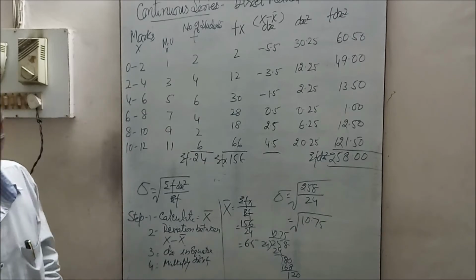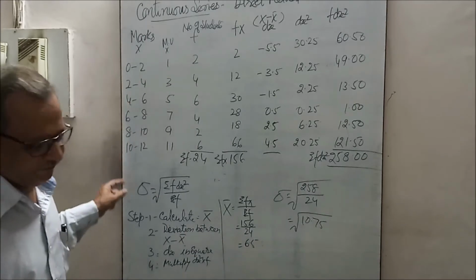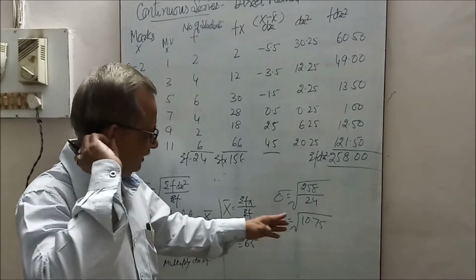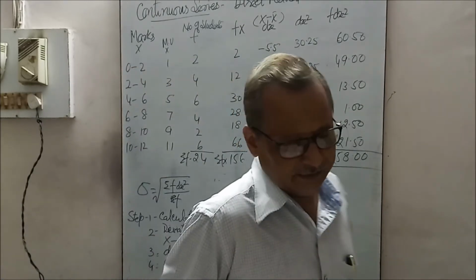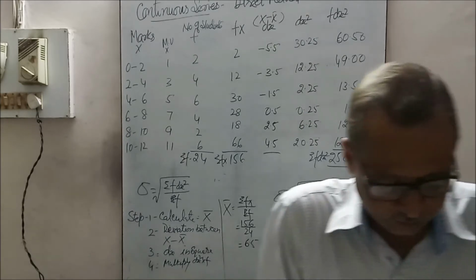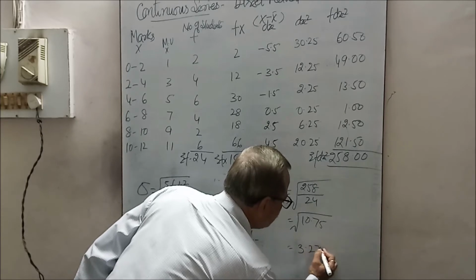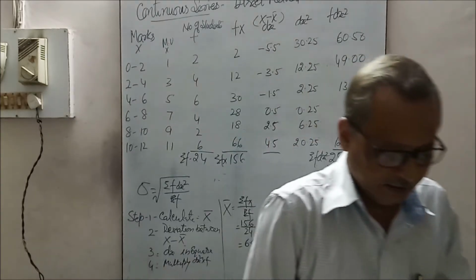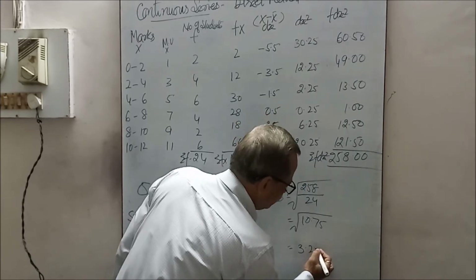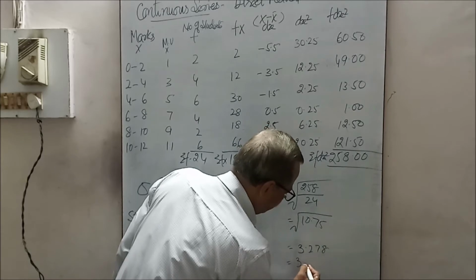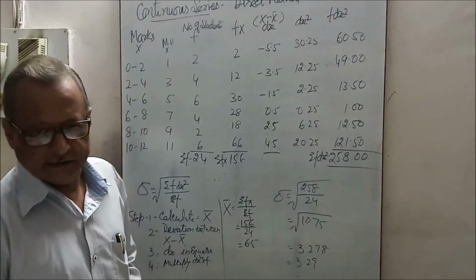Now break this root and find the standard deviation. You know it very well how to break that square root, and that is 3.27, or you can write 278 and then find 3.29. Calculate it and find it. This is the one method.